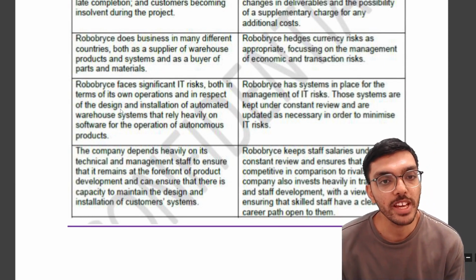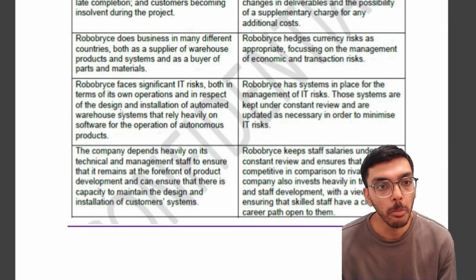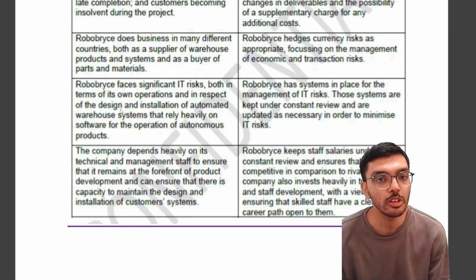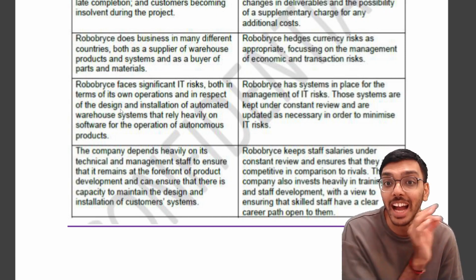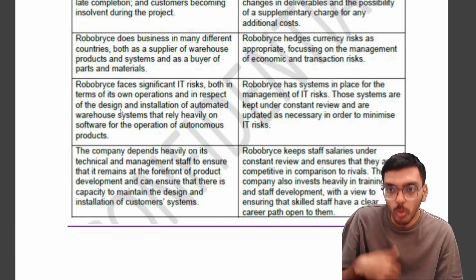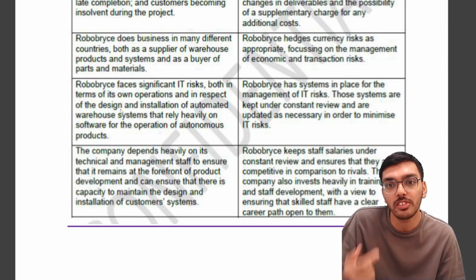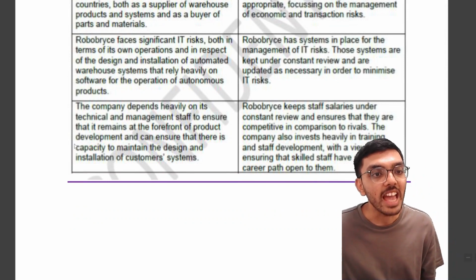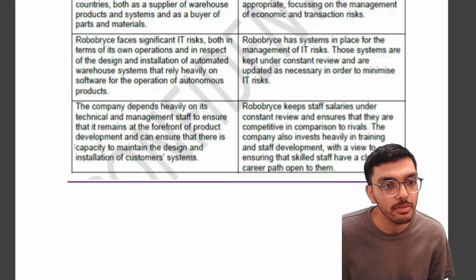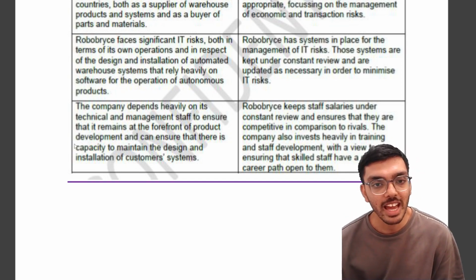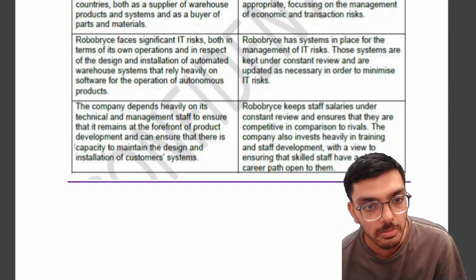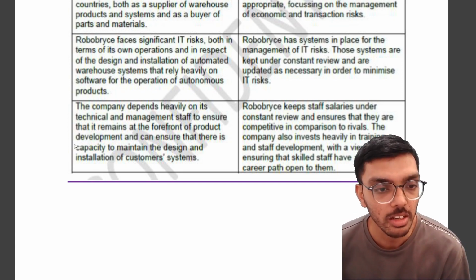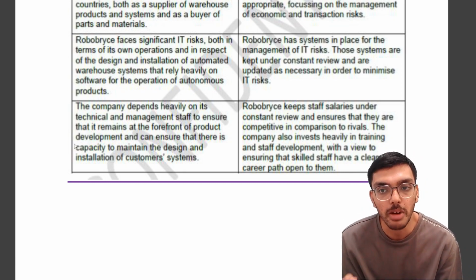Next, Robobryce faces significant IT risks, both in terms of its own operations and in respect of design and installation of automated warehouse systems. So IT risk, again, pointed out to you. What are we doing for internal controls? What are the different IT risks? How can we manage IT risks? We have dealt with this. The company depends heavily on its technical and management staff to ensure that it remains at the forefront of product development and can ensure that there is capacity to meet and maintain the systems which customers demand.